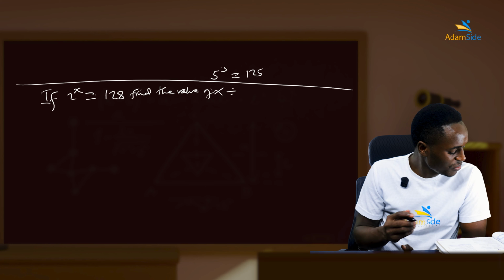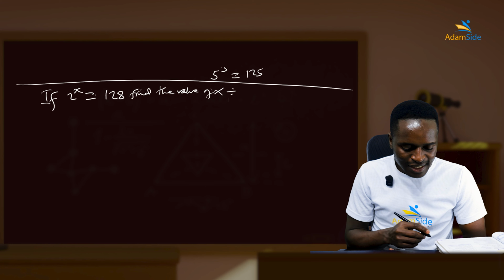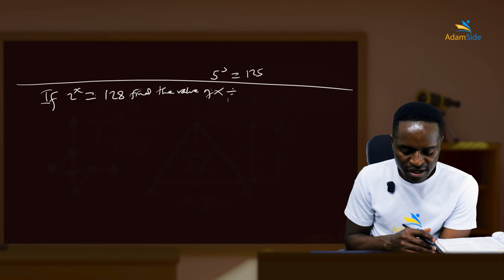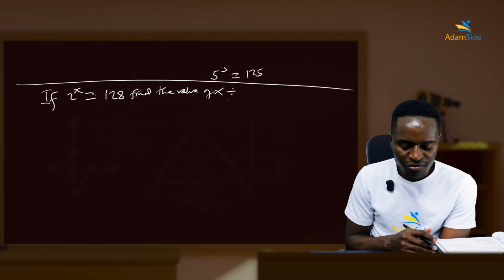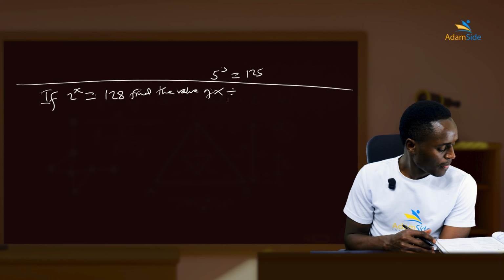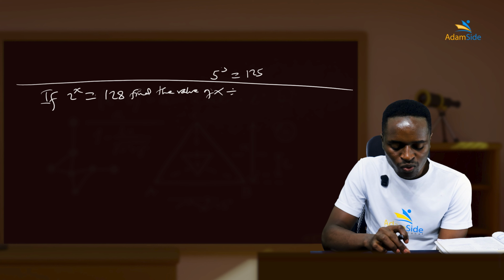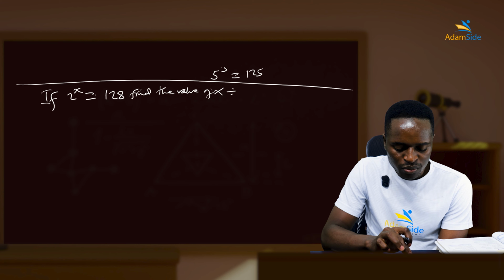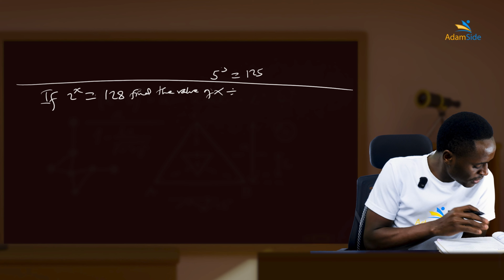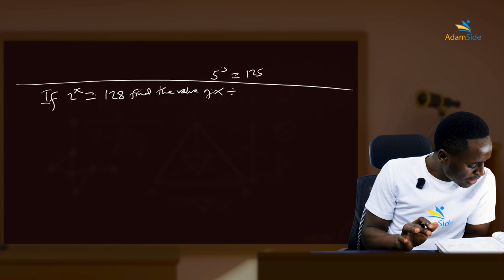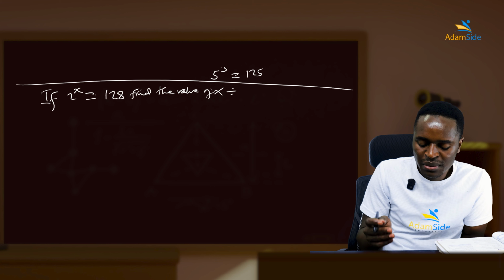Correct. So what do we do in that case? We need to understand everything in one form. With a base 2 power x, any number we put here should make it equal to 128. One way is testing, based on trial.